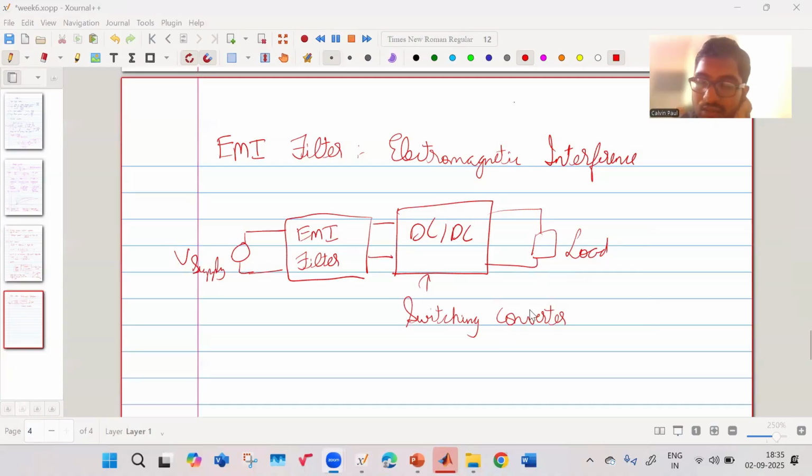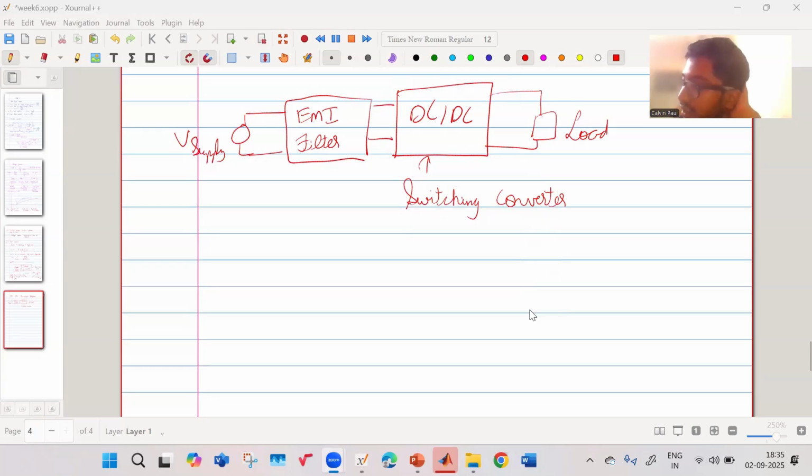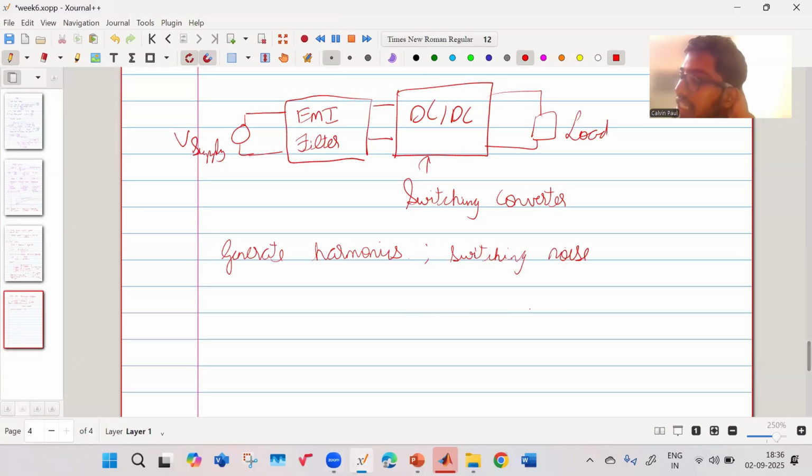Next. So we have said DC-DC converter is non-linear. So can you tell me, when it is non-linear, what it will do? It will generate harmonics, right? So to attenuate those harmonics, and also there will be switching noise etc., we need this EMI filter. Okay, this is required.